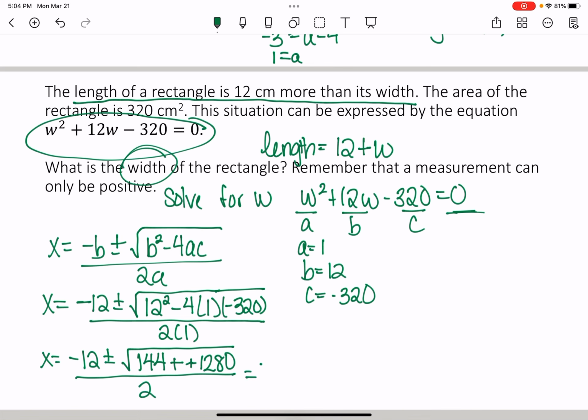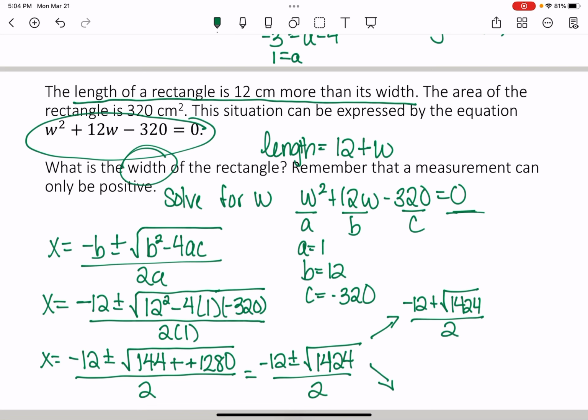So this is -12 plus or minus the square root of 1424 divided by 2. So now I get two solutions from this problem. I get -12 plus the square root of 1424 over 2, and -12 minus the square root of 1424 over 2.